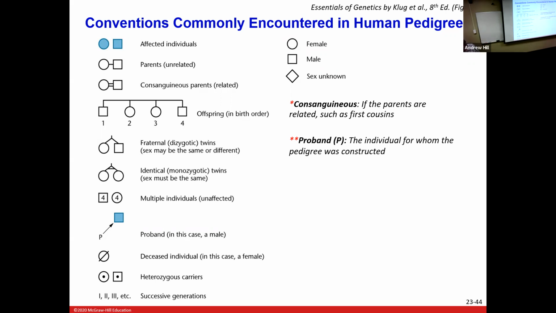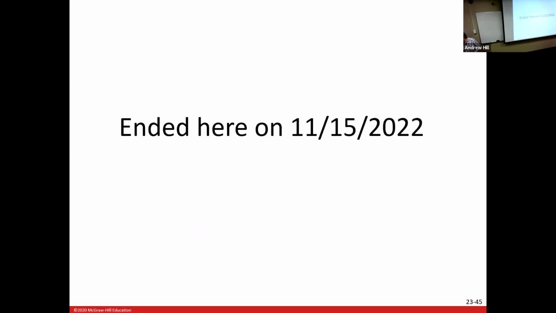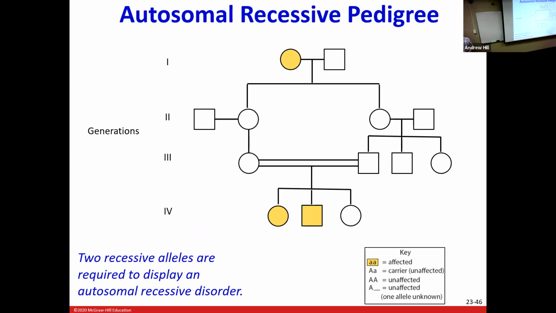As long as a person has one good gene, the big A, then they shouldn't be affected. So all the individuals that aren't filled in are unaffected, which means they have to be either big A, big A or big A, small a. Okay, so go ahead and work on that. I'll come around and check on your work as you're doing it and discuss with you.